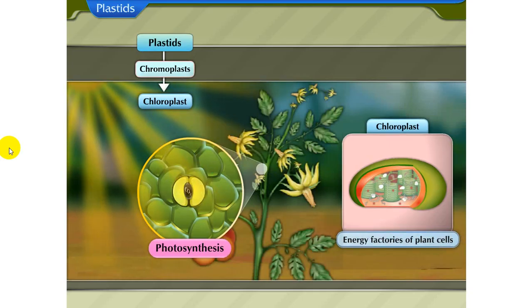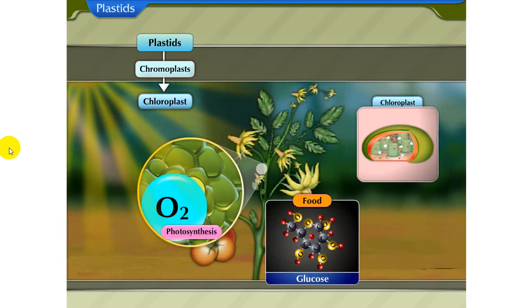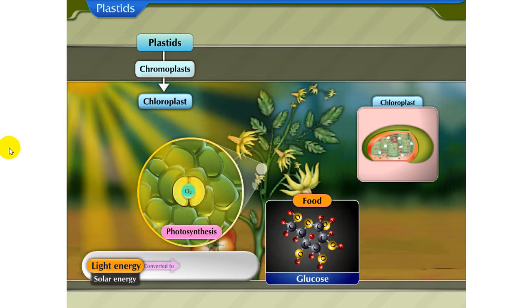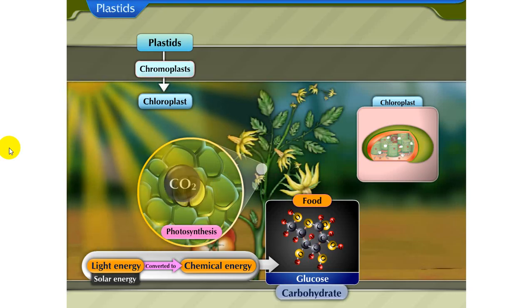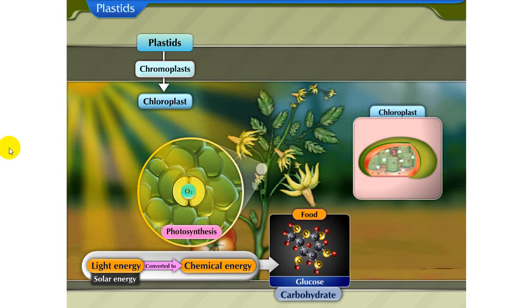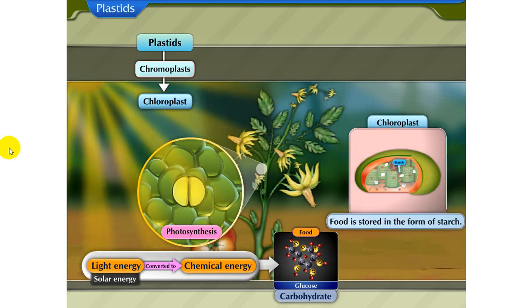That is, they manufacture food by trapping solar energy. This light energy is converted to chemical energy. This energy is stored in the chemical bonds produced during synthesis of food. The food is in the form of carbohydrates, that is glucose. Food is stored in the form of starch.